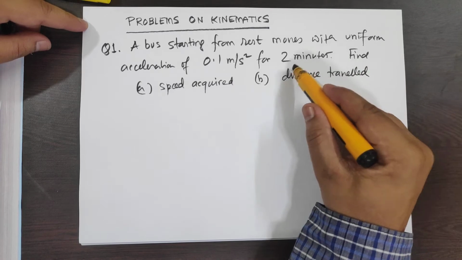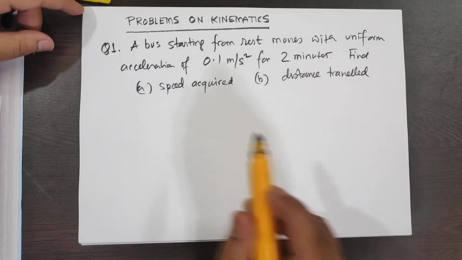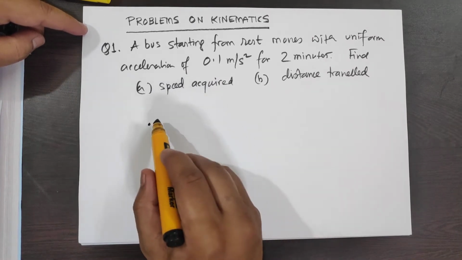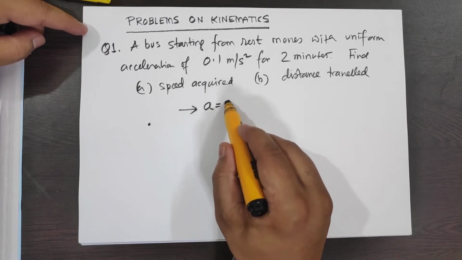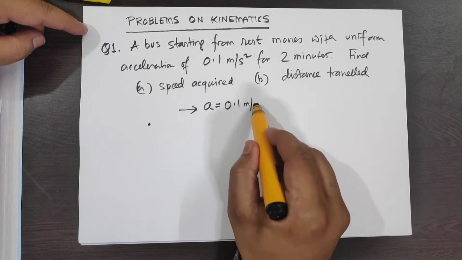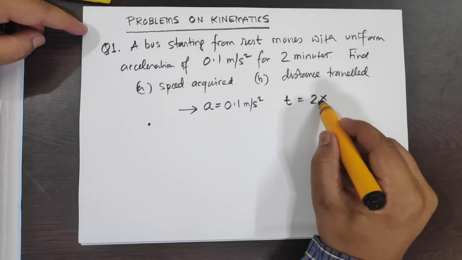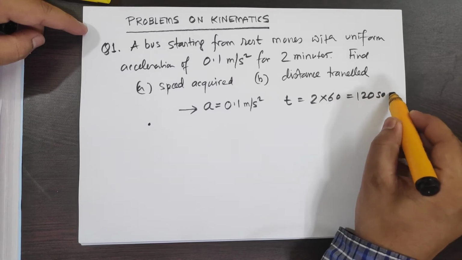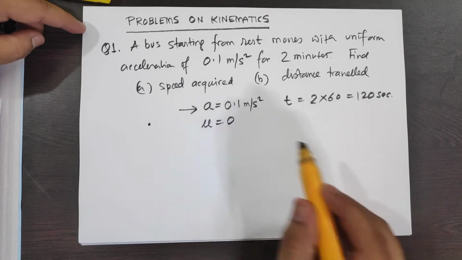As it is moving in a straight line and direction does not change, so distance is same as displacement. The bus is moving with uniform acceleration. Here I will put a equal to 0.1 meter per second square and time equal to 2 minutes, so 2 into 60, all in SI system, so 120 second. Starting from rest, so u is equal to 0.